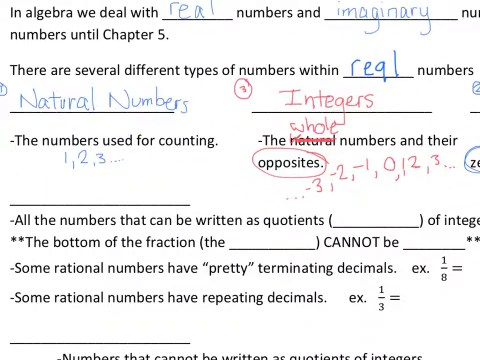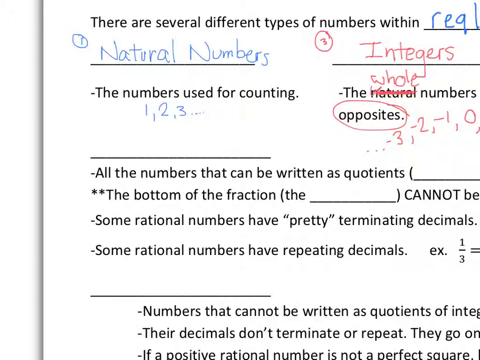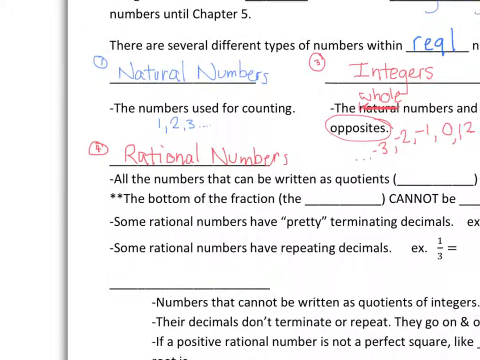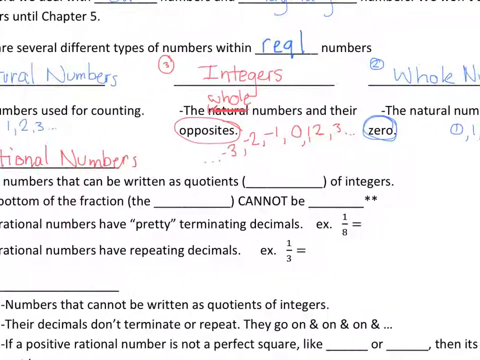Let's go even further. Our biggest group, which includes everything we've already talked about plus some, is called rational numbers. So it includes natural numbers, integers, all the positives, the negatives, all that, and 0, plus all the numbers that can be written as quotients.